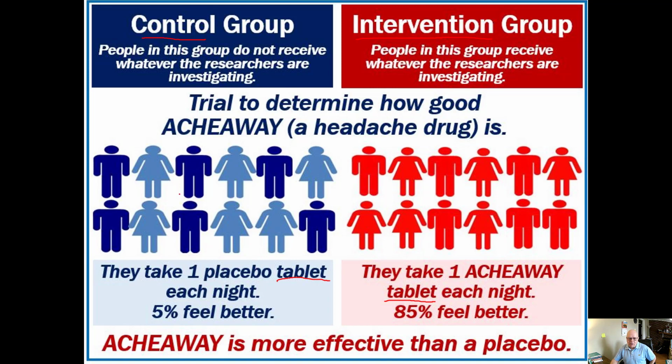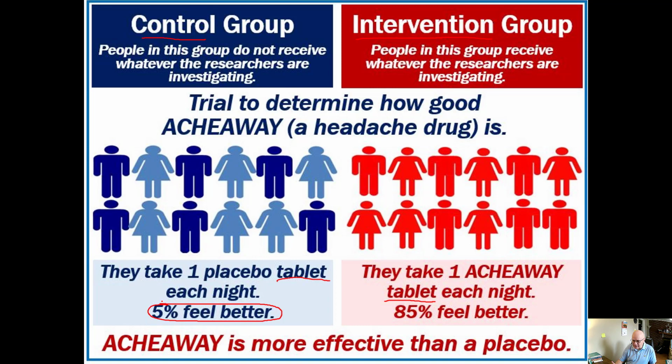The placebo group, or the control group, is taking a tablet every night, but it might be a salt pill or a sugar pill, or something like that. Whatever, you can make it up yourself. Notice that 5% of those people, even though they're not really taking the medicine, 5% actually feel better.